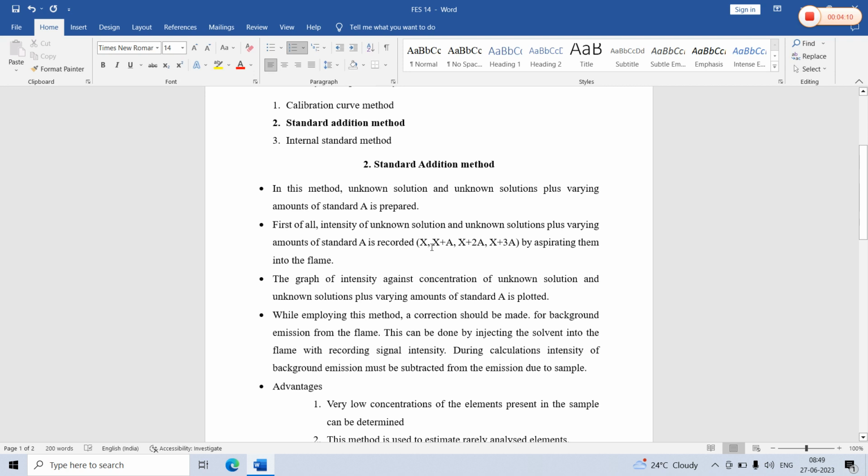Here x is the unknown solution, and x plus A means unknown solution plus standard addition, that is A. Then A is replaced by 2A, and 2A is replaced by 3A. That means we add A in multiple proportions. So the second point is that first of all the intensity of the unknown solution and unknown solution plus varying amounts of standard A is recorded by aspirating them into the flame.